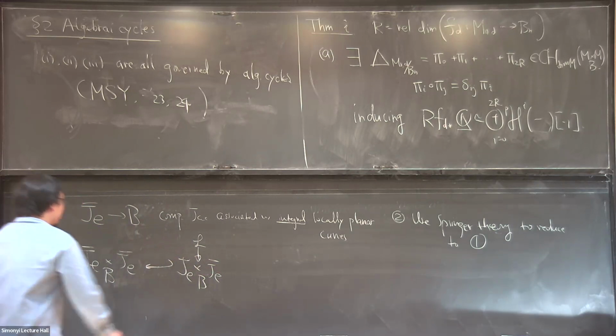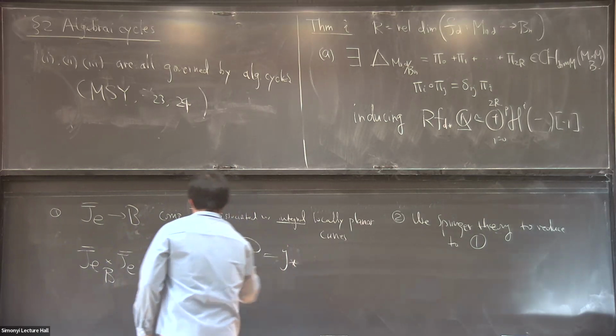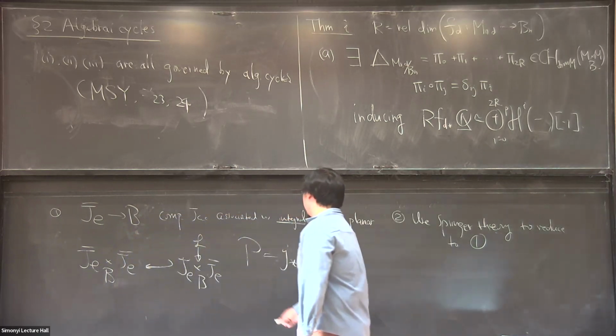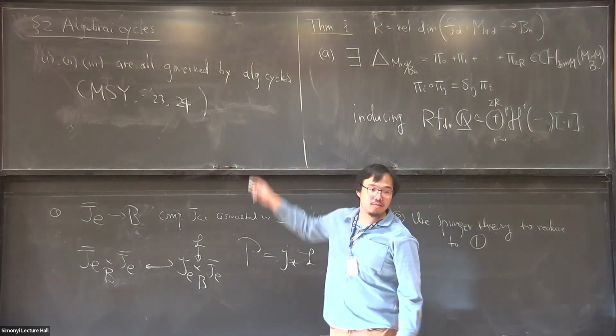So then Arinkin showed that there is a maximal Cohen-Macaulay sheaf given by extending this line bundle, and then the characteristic classes of this P can be made to form these projectors.